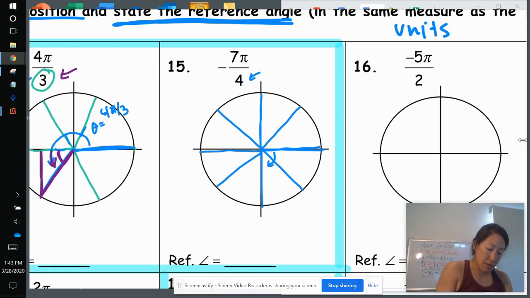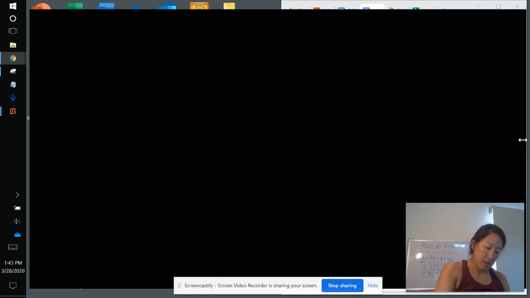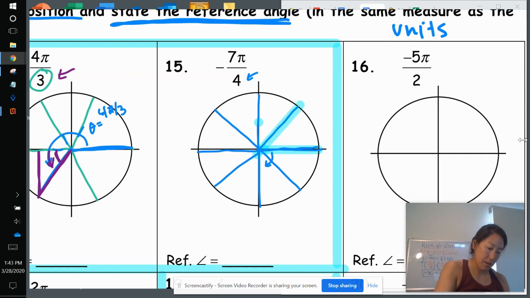Our angle starts on the x-axis, and then we're going to count 7 fourths around: 1, 2, 3, 4, 5, 6, 7. We're going to end up right there, and it moves this way. So our theta is equal to negative 7 pi over 4.